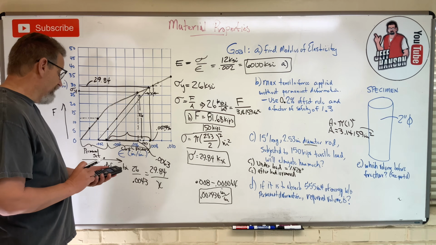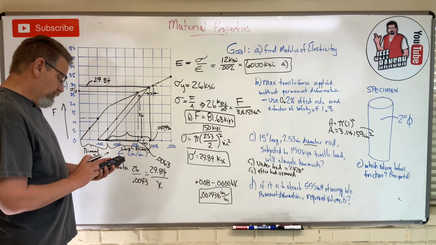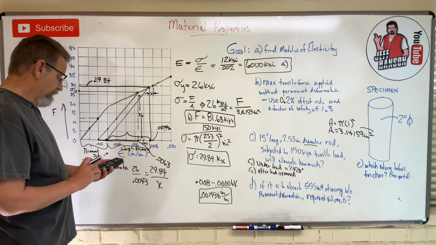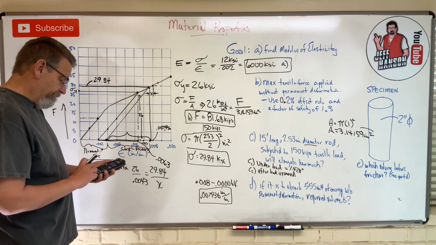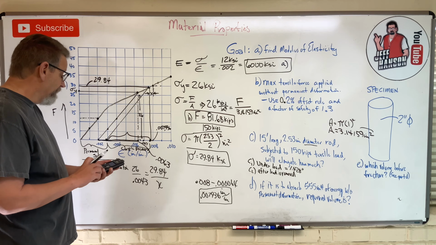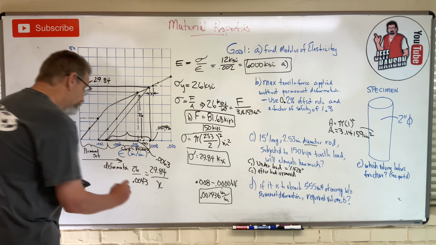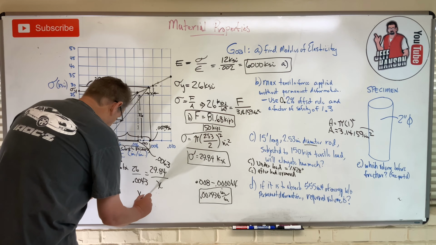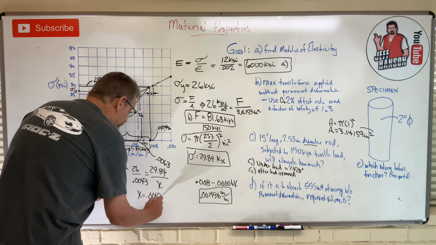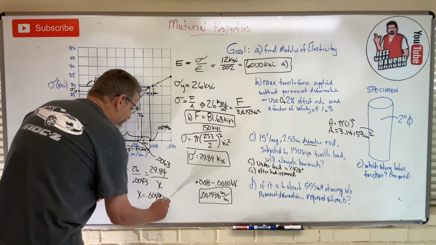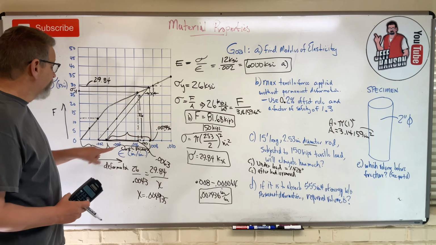So let's see what we get from that. We get 29.84 times 0.0043, divided by 26 equals. So x is equal to 0.004935, okay? And again, that's the length of that side.